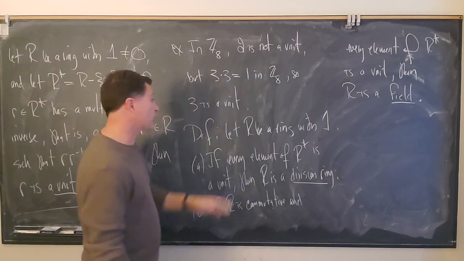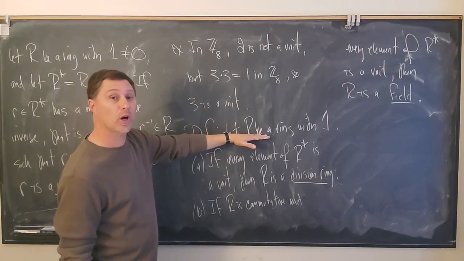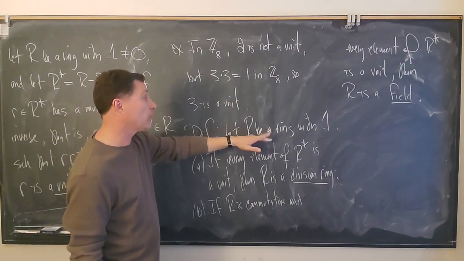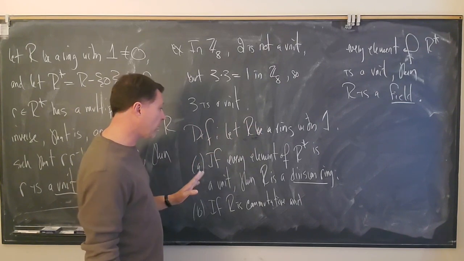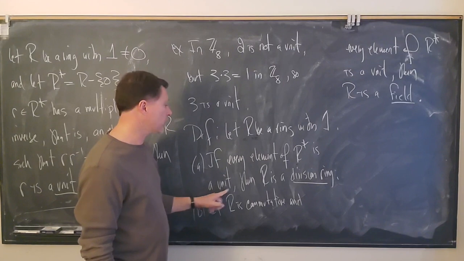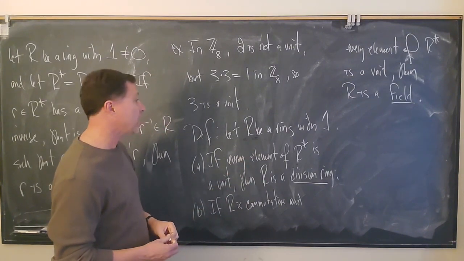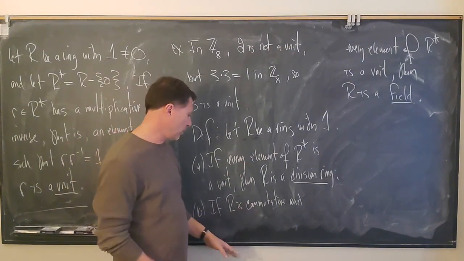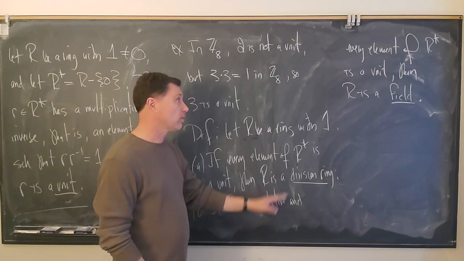So what do we have? Starting off with R here, we did not assume that R is necessarily commutative. It's just a ring with unity. If every non-zero element is a unit, meaning it has a multiplicative inverse, then we say that R is a division ring. If we add the requirement that R is commutative, then we get a field.